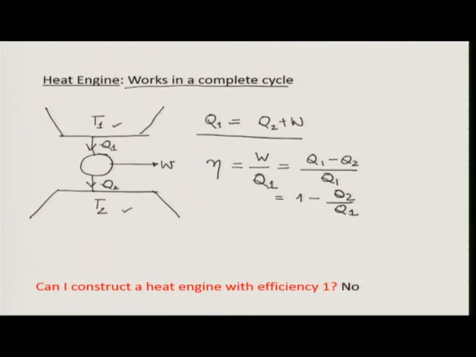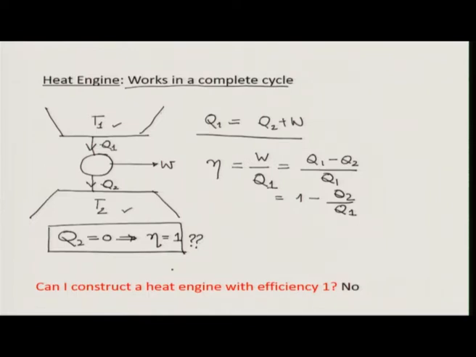Now we asked the question, is it possible I set Q2 is equal to 0? This implies that efficiency of the engine will be 1. Is this a possibility? In that case, I do not need any cold reservoir.